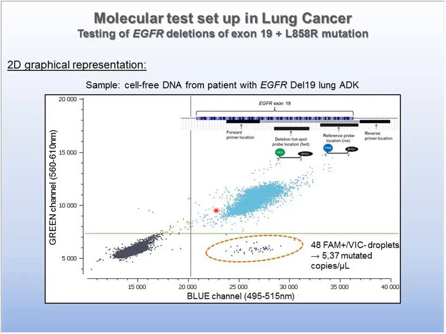You have here a big cloud of double positive droplets for green and blue channels, which correspond to the hybridization of the two probes. And you have here a small cloud of monopositive droplets, so blue monopositive droplets, which correspond to the copies of DNA displaying the deletion. So we observed 48 monopositive droplets, which correspond in this case to 5 mutated copies per microliter.